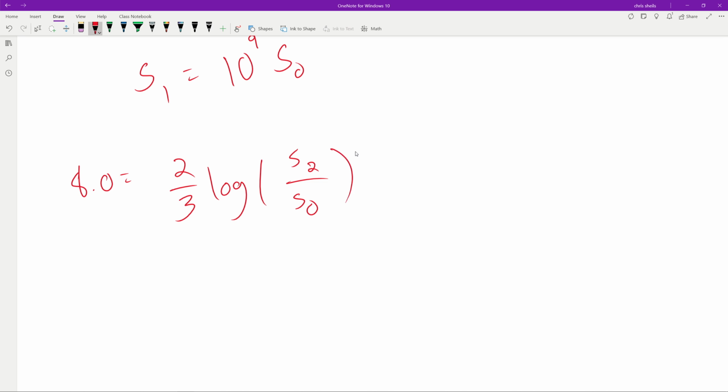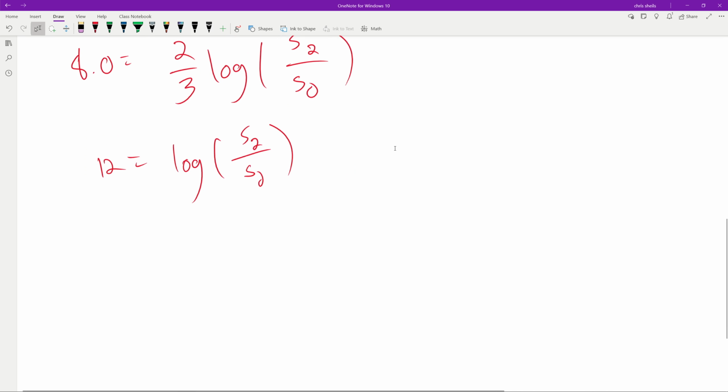Again, multiplying both sides by 3/2 to cancel the 2/3, I get 8 times 3 is 24 divided by 2 is 12 equals log of s sub 2 divided by s naught. Exponentiating both sides, I get 10 to the 12th power is equal to s sub 2 divided by s naught, or that s sub 2 is equal to 10 to the 12th times s naught.